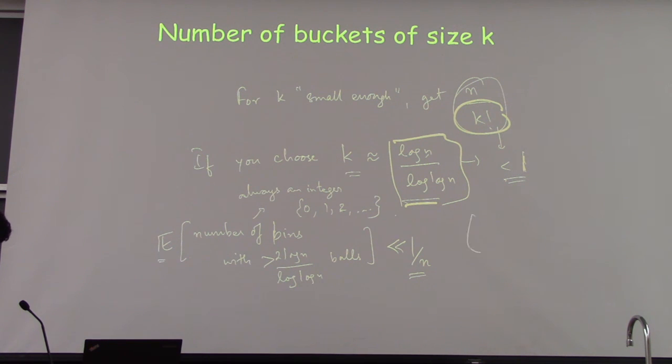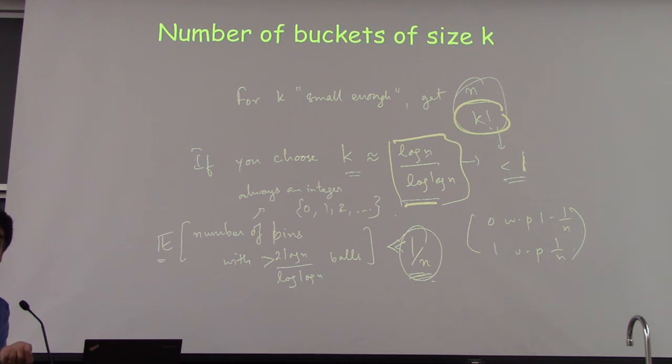For instance, if you want a value 1 over n, you could have 0 with probability 1 minus 1 by n and 1 with probability 1 by n. That's when you get an expectation of 1 over n. In particular, this implies that you are 0 with very high probability. Is that clear? If the expectation of an integer valued random variable is much smaller than 1, then you have to be 0 with very high probability.